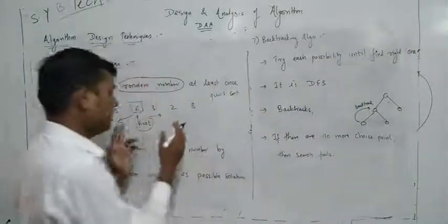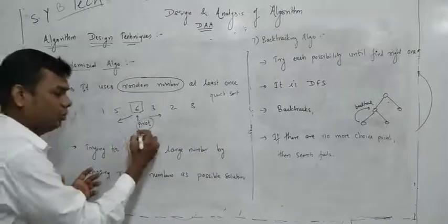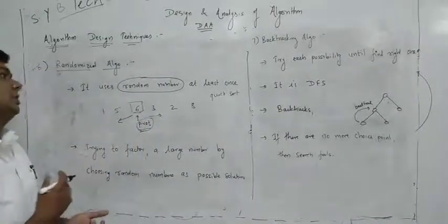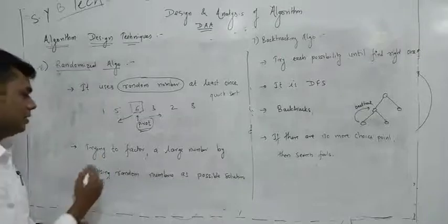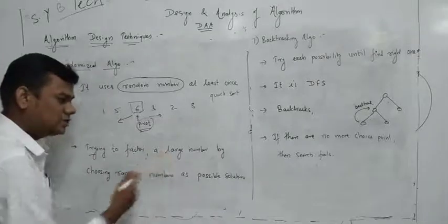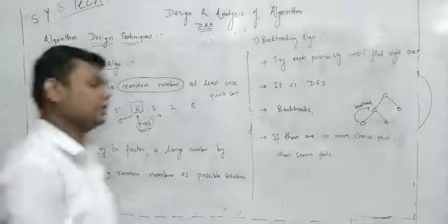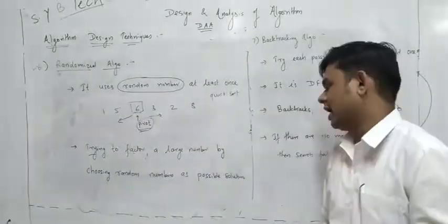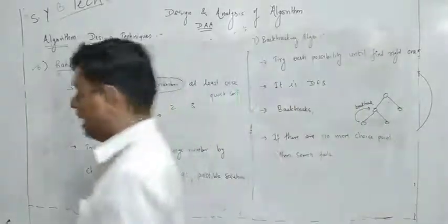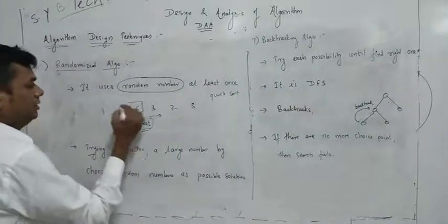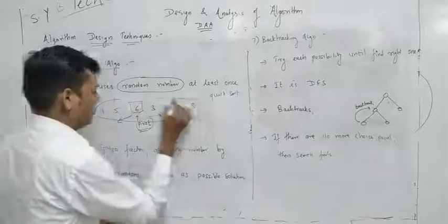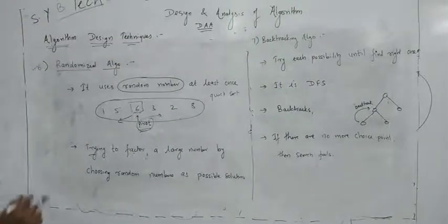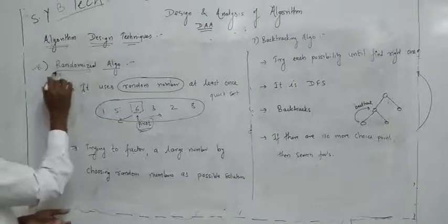After that, we again decide the pivot for the next list, and that process is executed again and again, trying to factor a large number by choosing random possible numbers as possible solutions. At last, we get that list into sorted order. So for that purpose, we have to use a randomized algorithm.